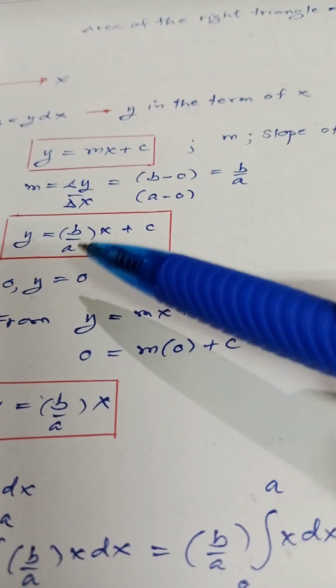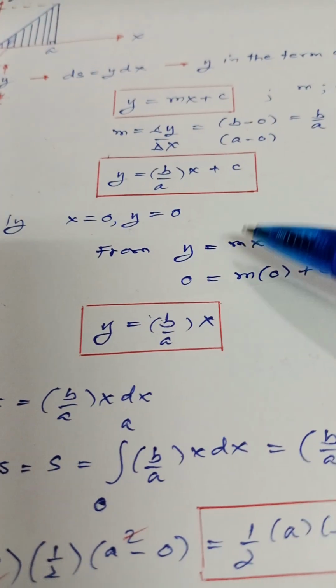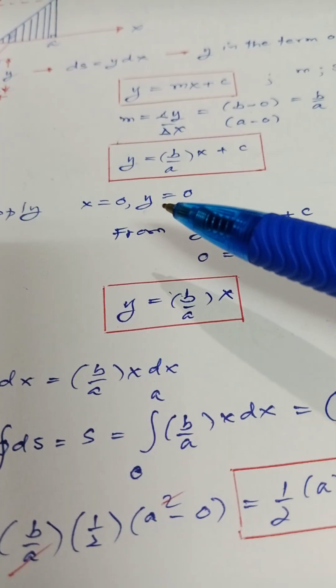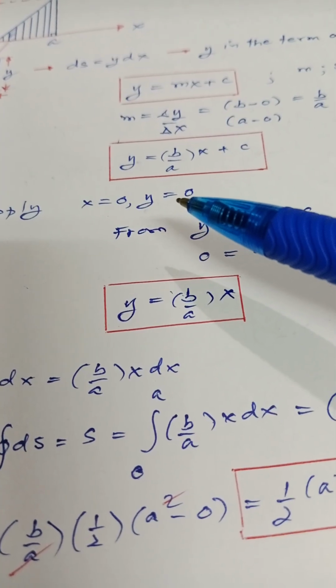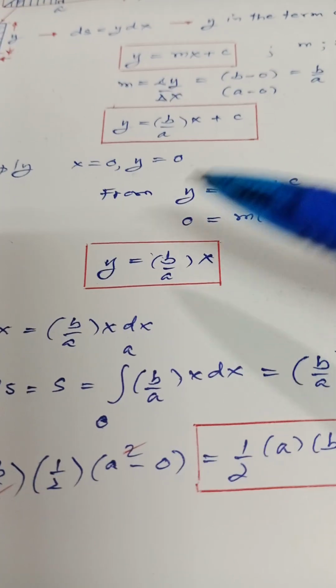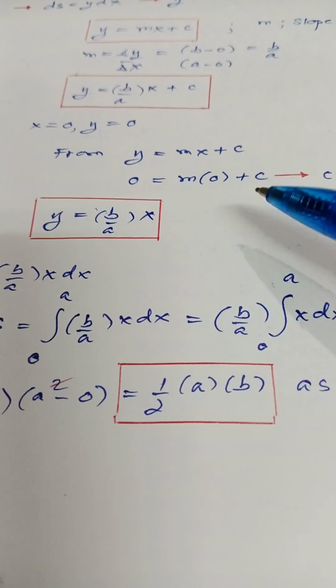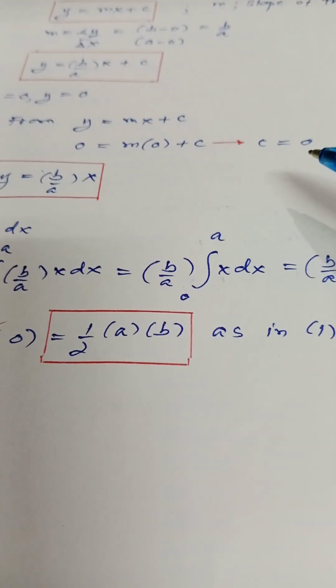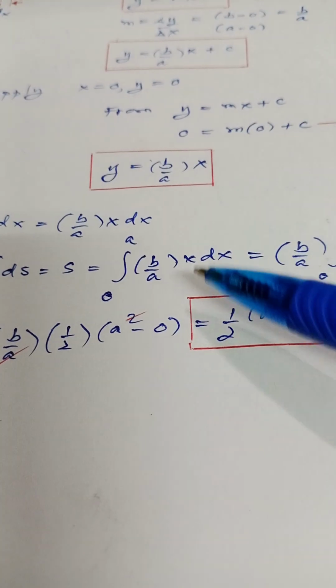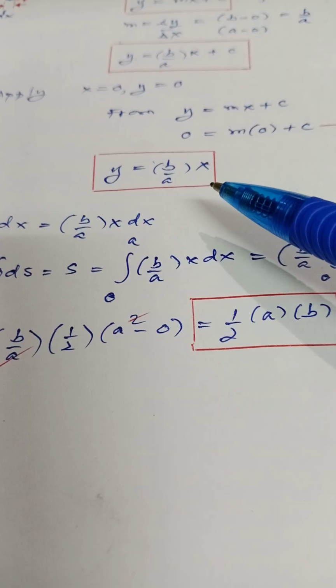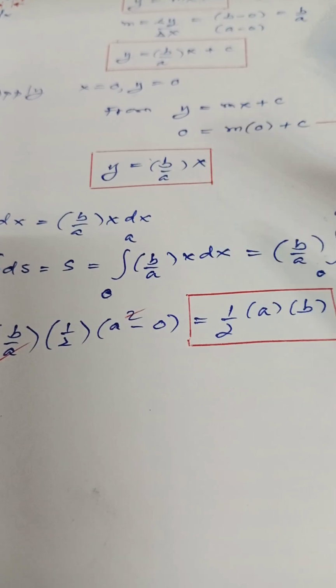This is your slope. Now for c, you apply the condition at x equal to 0, y equal to 0, so you have c equal to 0. You end up with the linear equation y equal to bx over a.